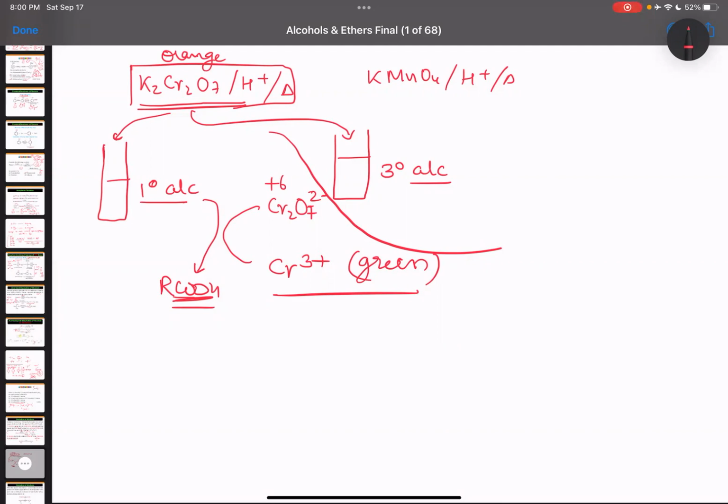And what is the change which you observe for KMnO4? You must have done your titration in school, KMnO4 and oxalic acid.